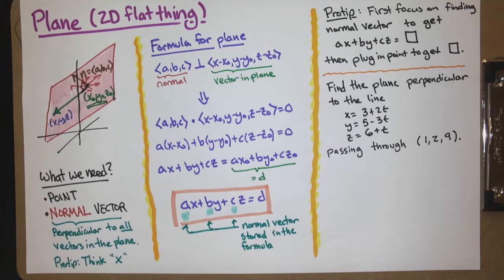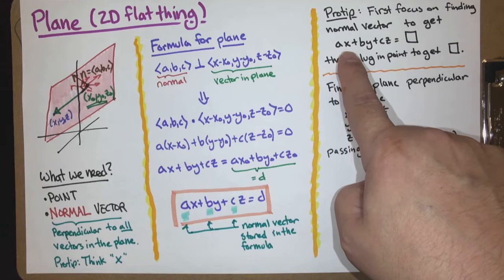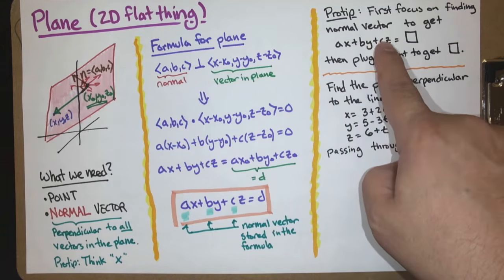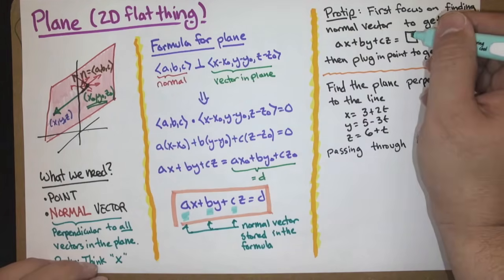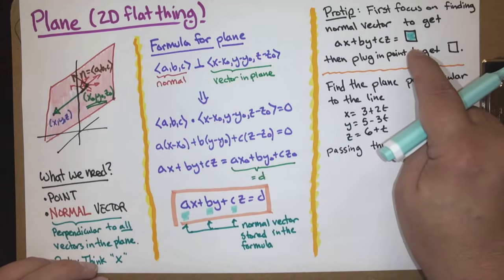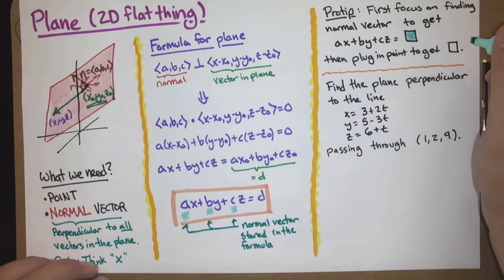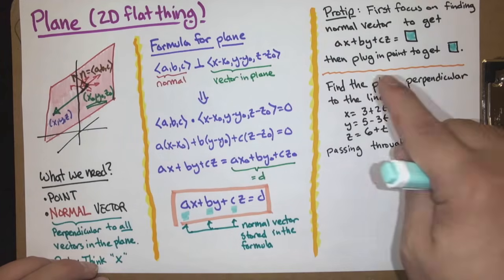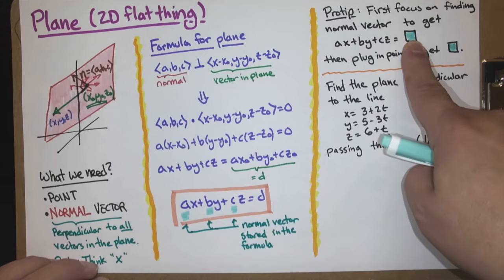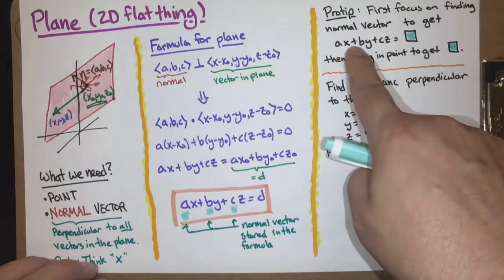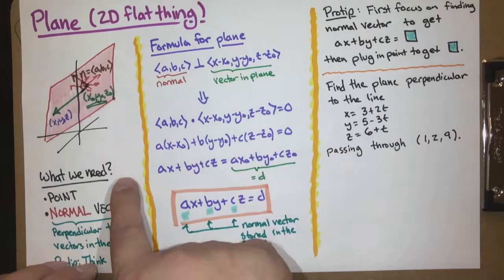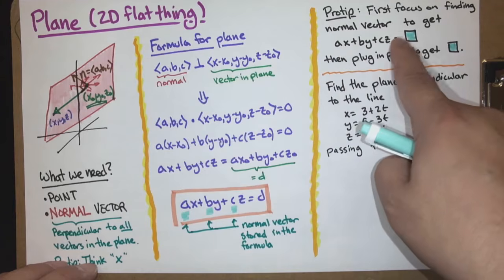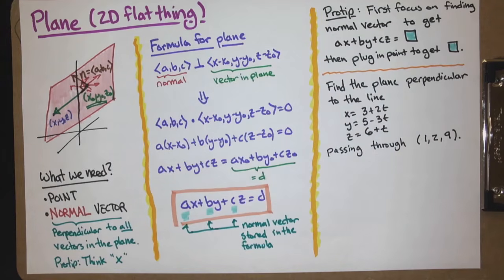So once you have your vector ABC, you're basically done. That says I have ax plus by plus cz equals something. And then the age-old question, what's in the box? Well, okay, so how do you plug in and get what's in the box? What do you need to plug in here to get what's in the box? You have ABC. What else do you have that we haven't used yet? Yeah, you have some point. And plug that point in, that tells you what goes in the box. And you're done. You have your plane.